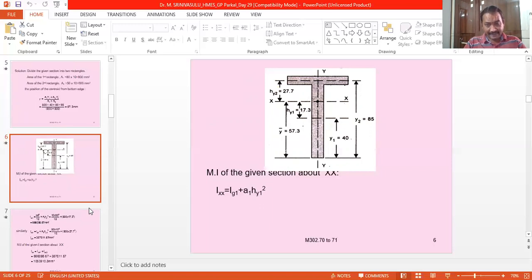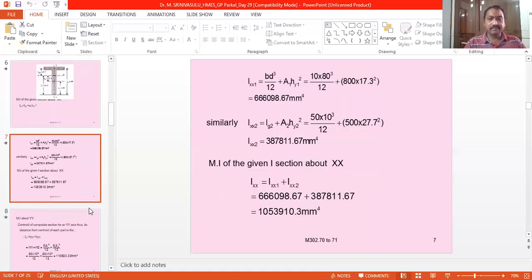Now Ixx of rectangle 1 is equal to Ig1 plus A1 into hy1 whole square, where Ig1 is BD cube by 12.